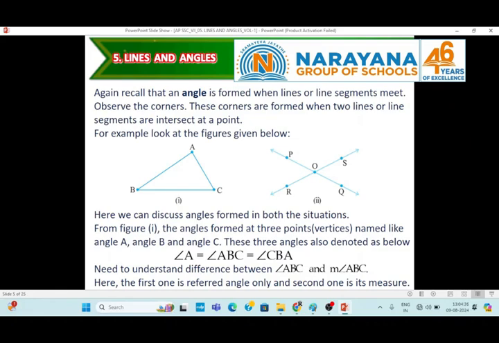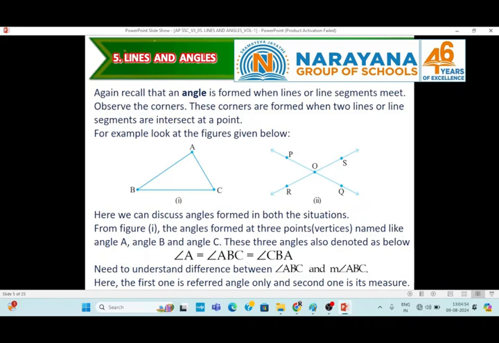One more thing here. In figure 1, consider the angles formed, for example angle A, which is the joining of AB and AC, as A is the common point for both AB and AC. So the angle is formed at vertex A. Angle A can also be represented as angle ABC or angle CBA.